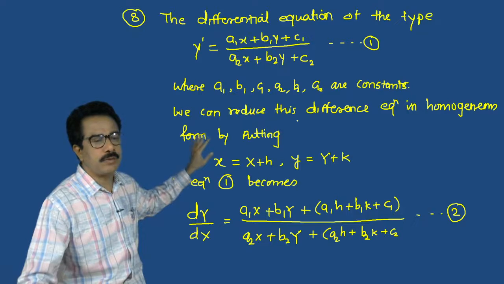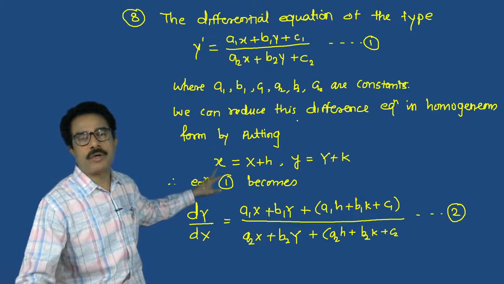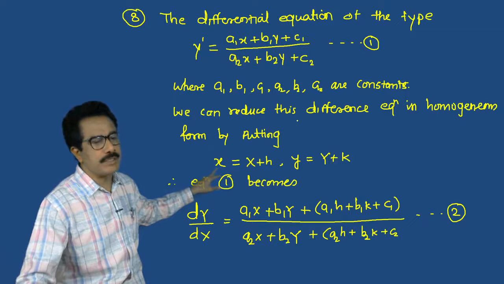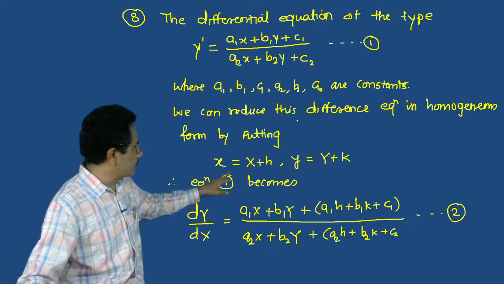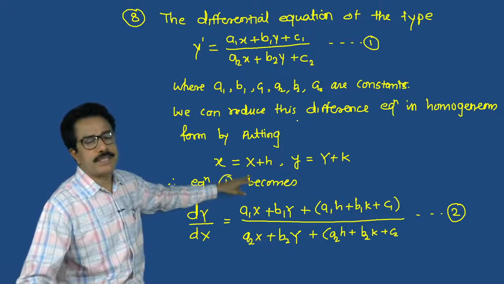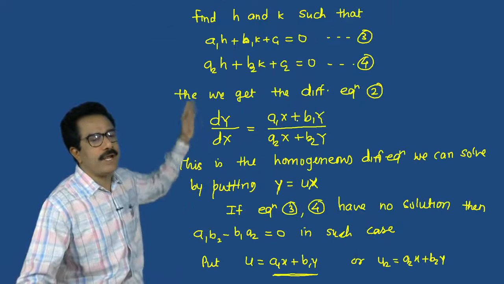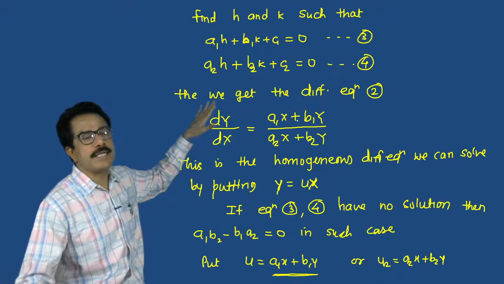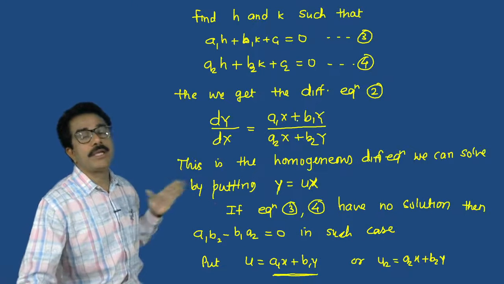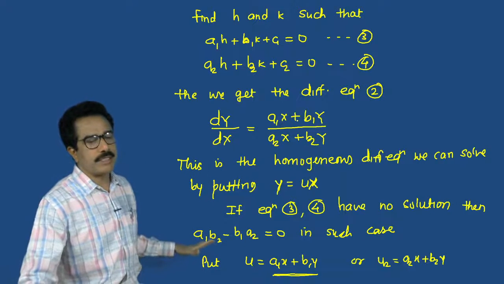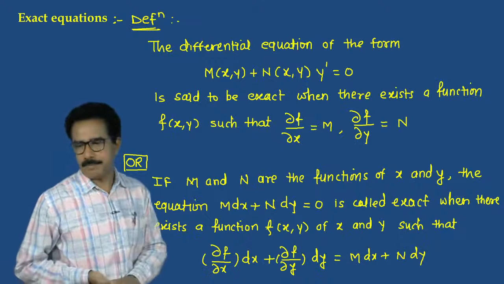This is actually a non-homogeneous differential equation in first order first degree. So first of all we have to convert it into the form of a homogeneous differential equation by using a particular substitution: x equals capital X plus h, y equals capital Y plus k. Then find the values of h and k such that both the brackets will be 0. Then we will get the homogeneous differential equation form, and again solve by using the homogeneous method.